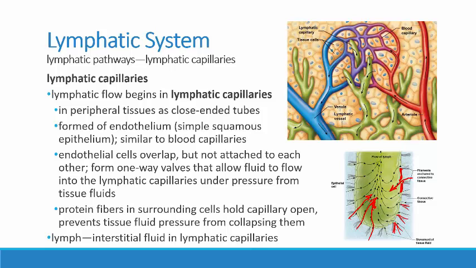So out here around this capillary network, we see the lymphatic capillaries that are collecting excess fluid, and notice that they all join together to form the lymphatic pathways that are going to then carry this fluid back toward the venous system.